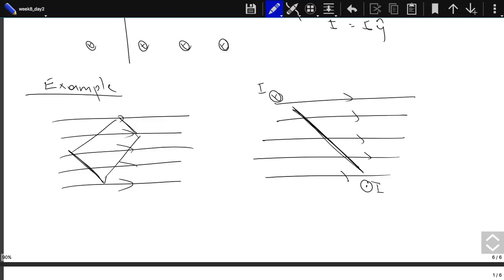This is I, this is B. I is into the screen. This is B. I cross B. This is dL. dL cross B is pointing downward. So the force at the top is pointing downward. Does everybody agree?